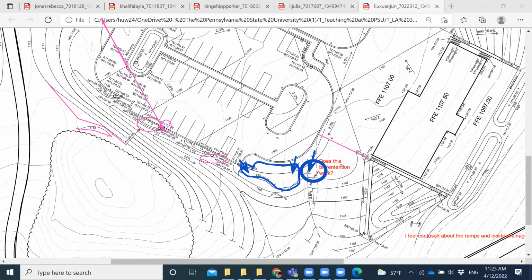And that one goes into here. And you don't need a swale over here. I can basically do this, and like that. So that's that area. We can take a look at the ramp now.